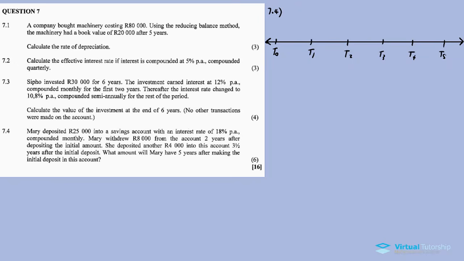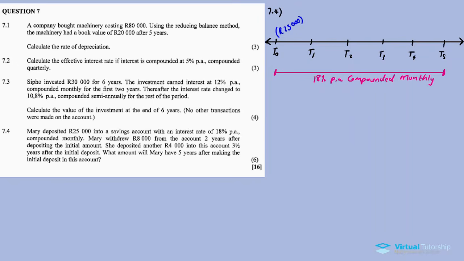Mary deposited 25,000 rand into a savings account over a period of 5 years, with an interest rate of 18% compounded monthly, and the interest rate doesn't change.